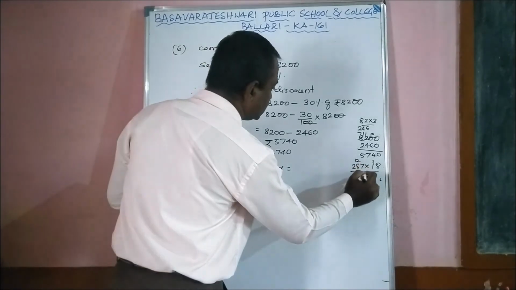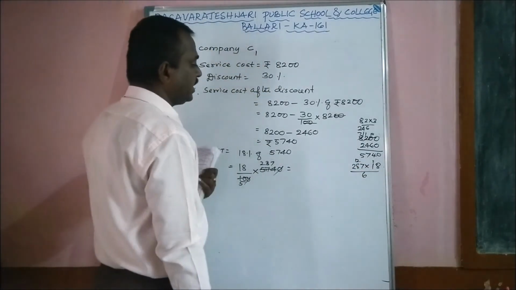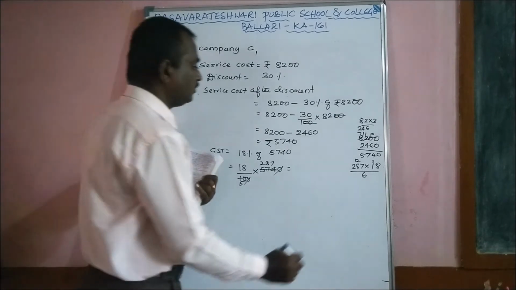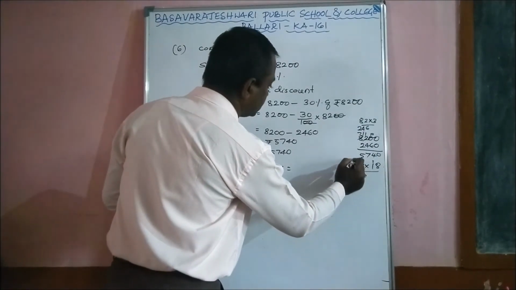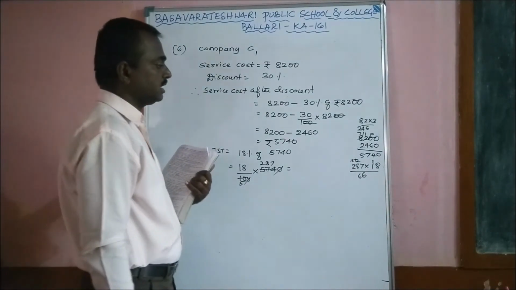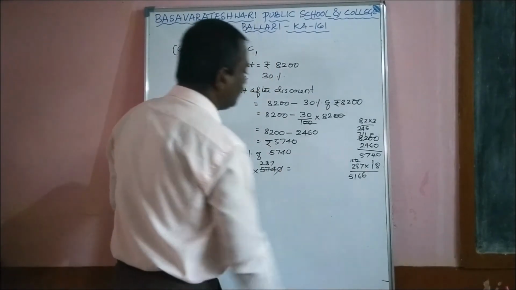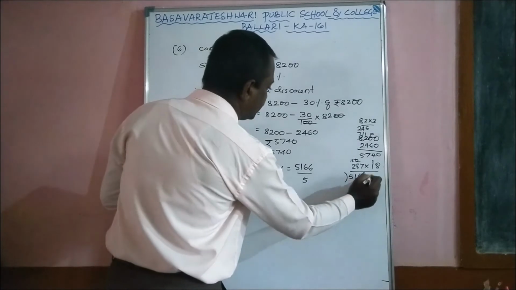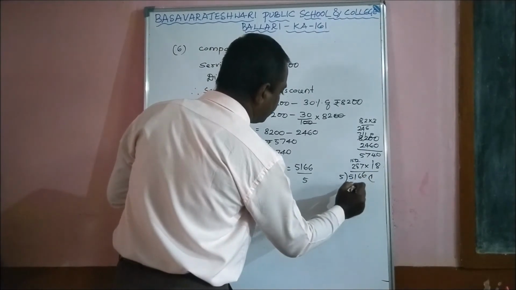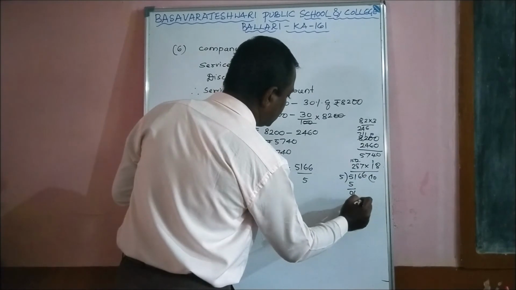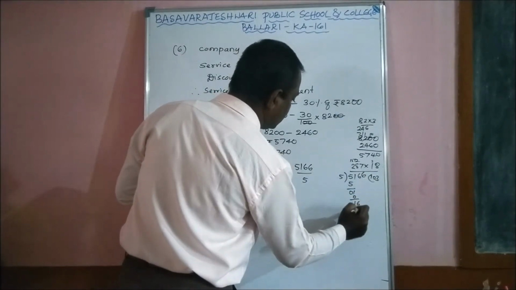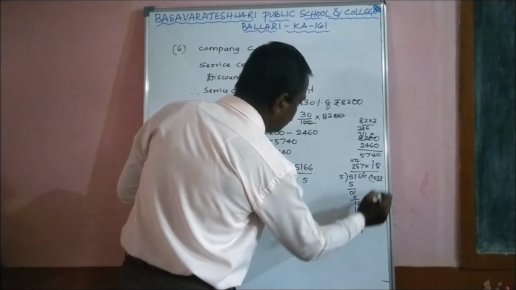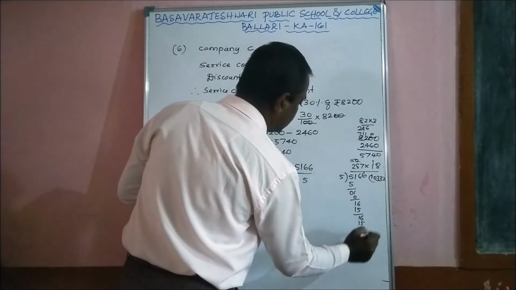18 times 7 is 126. 18 times 8 is 144. Adding, we get 5166. 5166 divided by 5, I have to divide by 5.